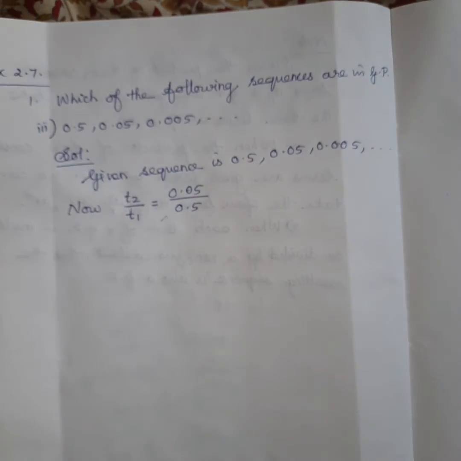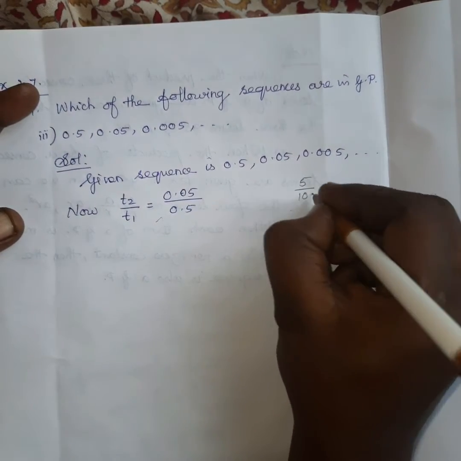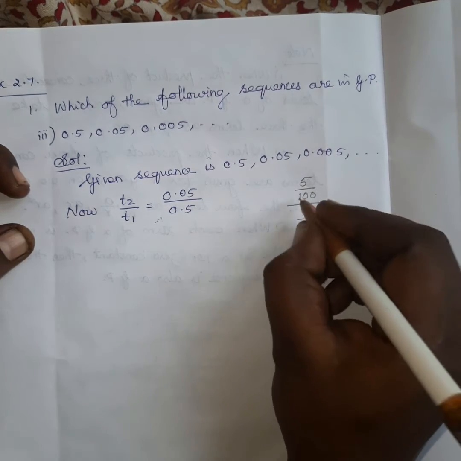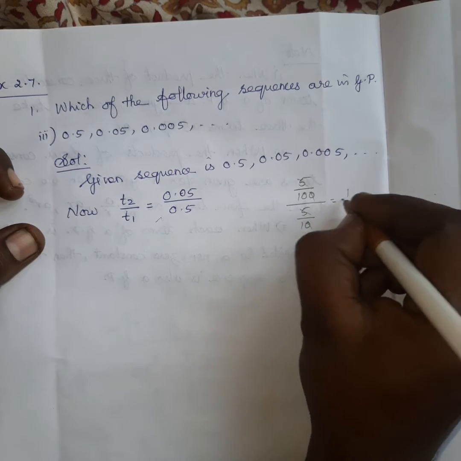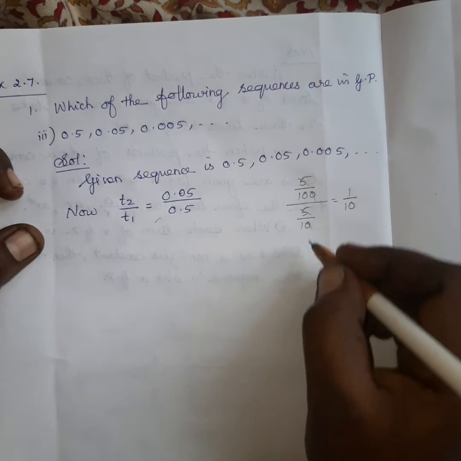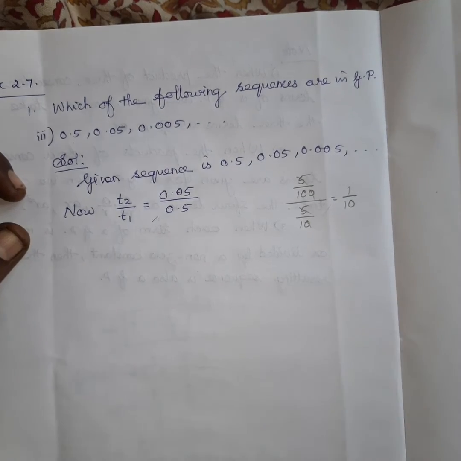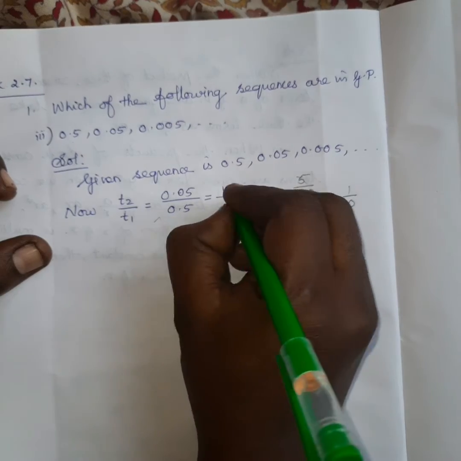How to write this? 0.05 means 5 divided by 100, the whole divided by 5 divided by 10. So you can cancel the 5 and the 0, and you get 1 by 10. Otherwise, multiply by the reciprocal and you will get the value. It is 1 by 10. So T2 divided by T1 equals 1 by 10.